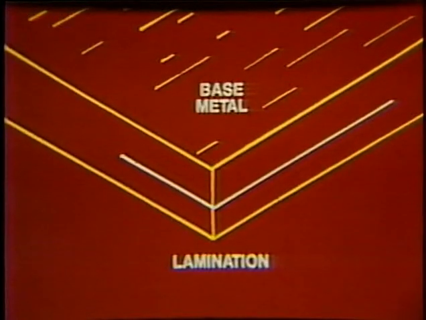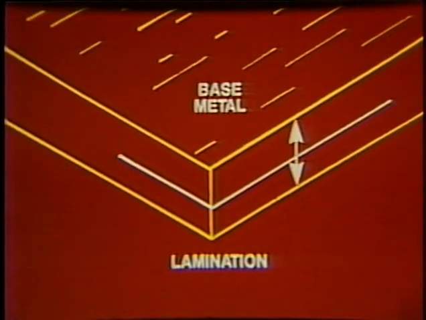They generally run parallel to the manufactured surface of the plate. Metals containing laminations cannot reliably carry stresses in the through thickness direction and are therefore prone to failure. Laminations that have separated due to stresses are known as delaminations.